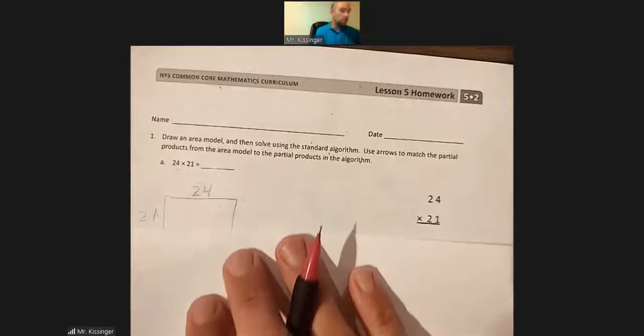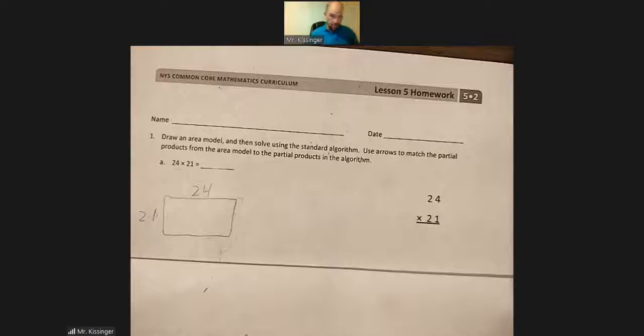So I started by drawing a rectangle. That should make it a little bit easier to visualize. Now we could look at this as 24 times 21, or as we learned in our previous lessons, we can split those up into numbers that are easier to multiply. So what I'm going to do is break 21 up.